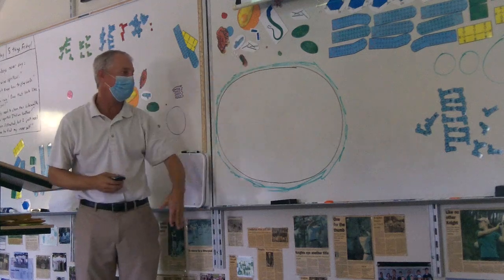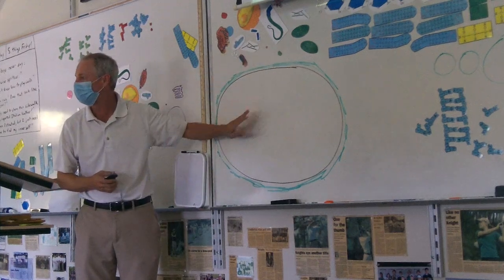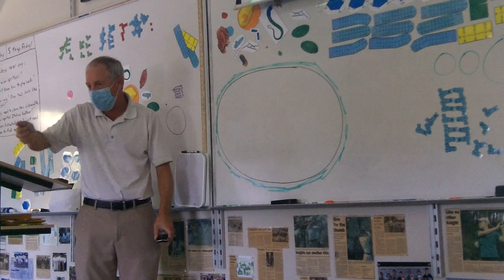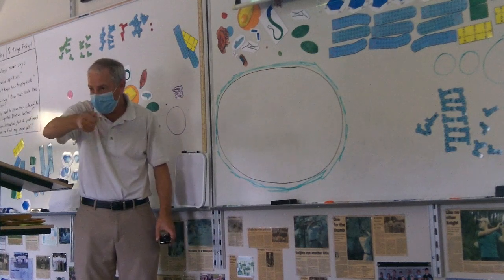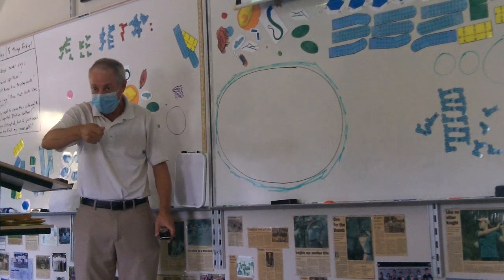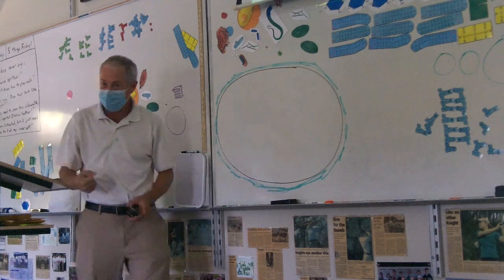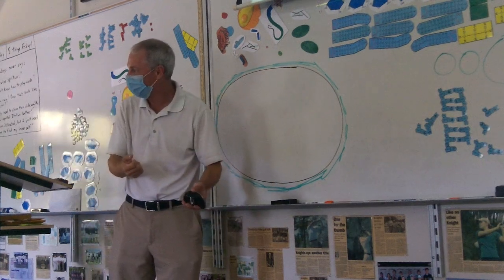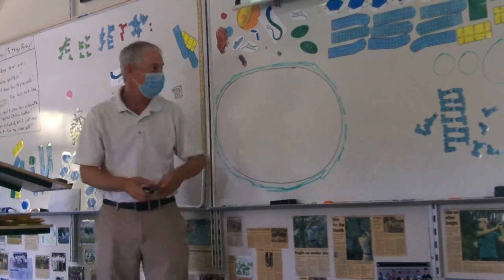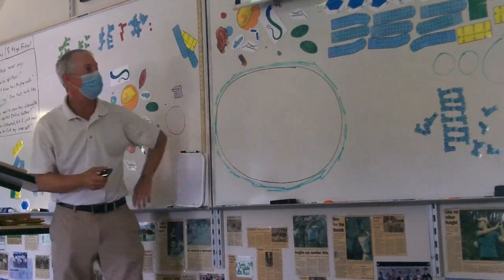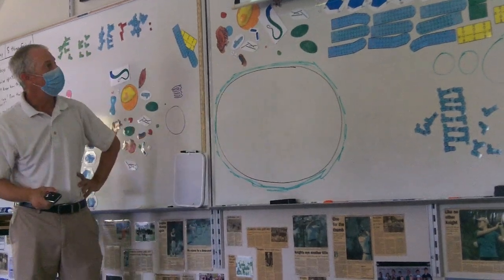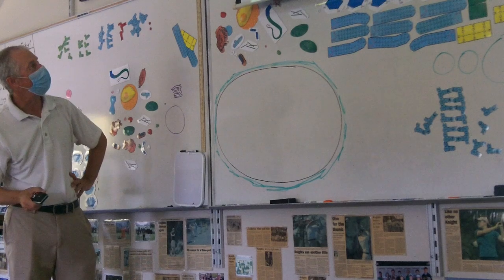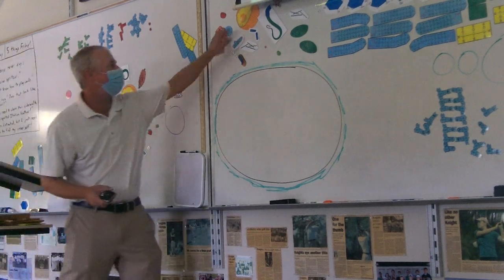Water goes right through it. It's kind of like a chain link fence. You could spray a hose right through a chain link fence, right? Wouldn't stop much, but you can't run through the chain link fence. I've tried it. It just does not work. So that's kind of what the cell wall is like. Okay, we have the nucleus.